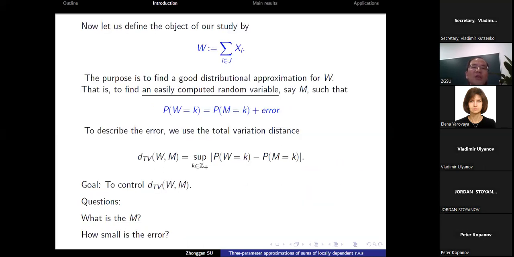Now, let's define the object of our study.